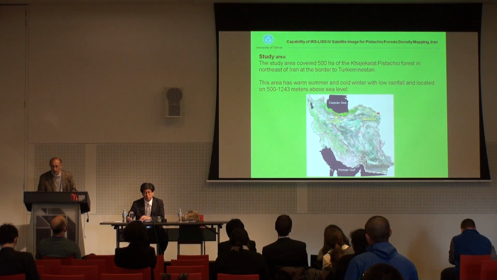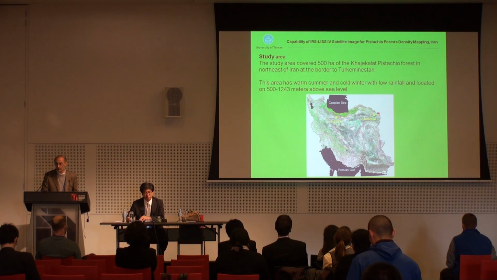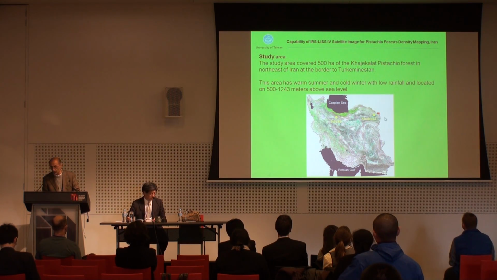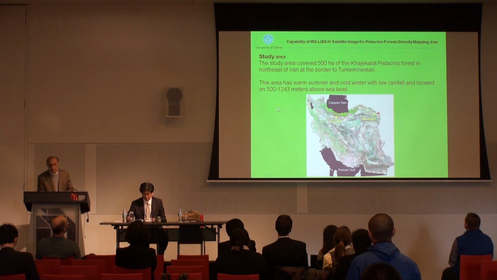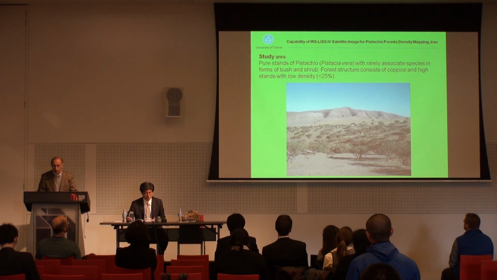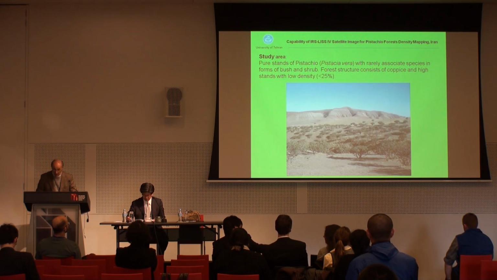The study area covers about 500 hectares in northeast of Iran at the border of Turkmenistan, as you see here. Here there are only pistachio forest stands, but not dense. The forest density is less than 25%, but it is a very, very important wild forest.